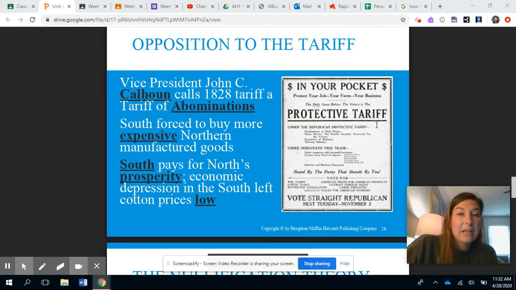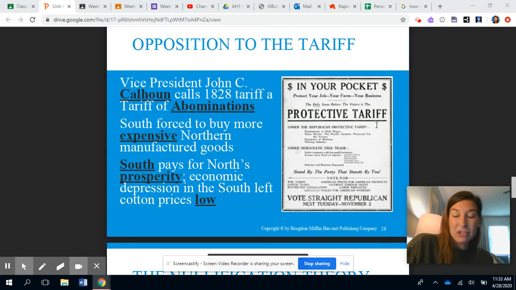Originally, they were buying cheaper manufactured goods from the British, but as the tariff continues to increase, the South is unable to afford to buy those products, and they are forced to buy these American made products which are only really benefiting the North. So when I say the South is forced to buy more expensive Northern goods, that's what I'm talking about.